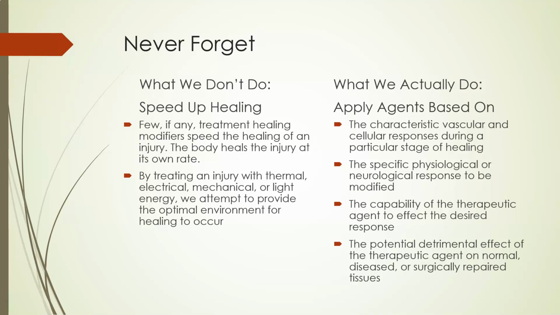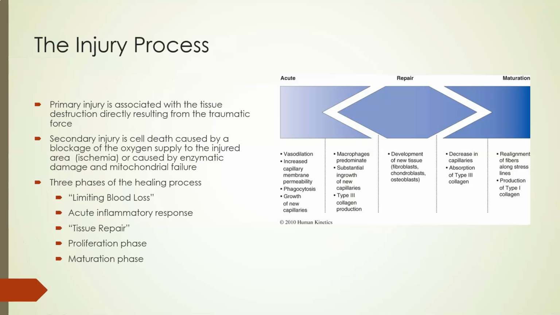And then we also have to always consider any potential detrimental effects. And those are our contraindications aspects. So we're just going to try to modify and understand what is occurring physiologically to create the best and most optimal healing environment.